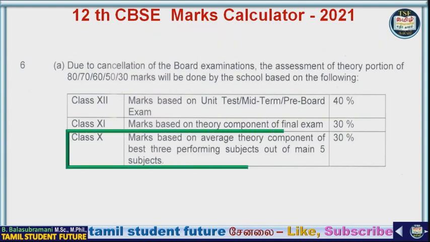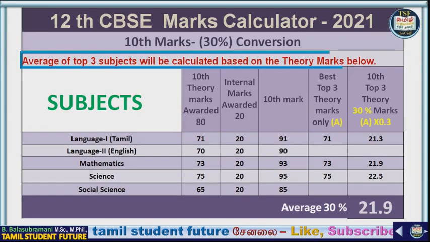Now we discuss the 10th mark, based on the average theory component of the best 3 performing subjects out of 5 subjects, only 30%. The average of the top 3 subjects will be calculated.